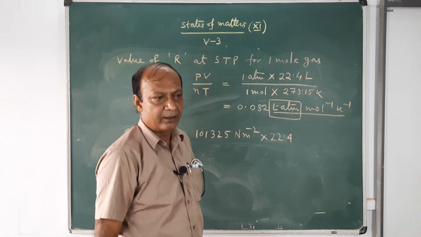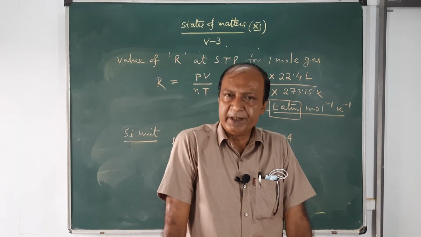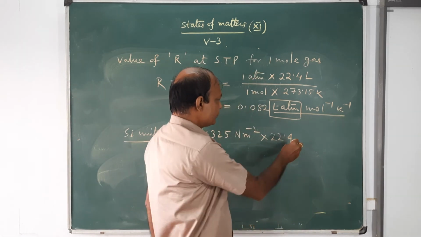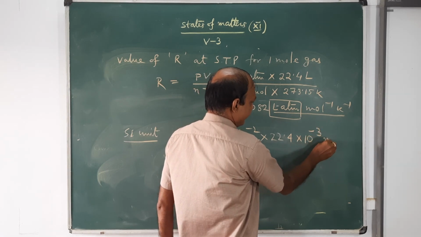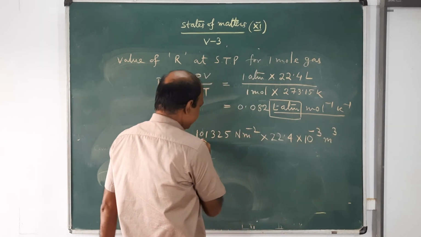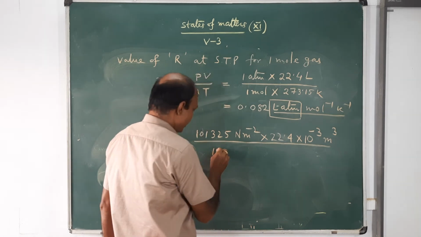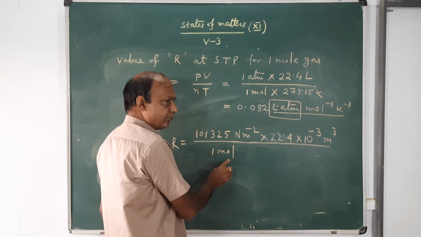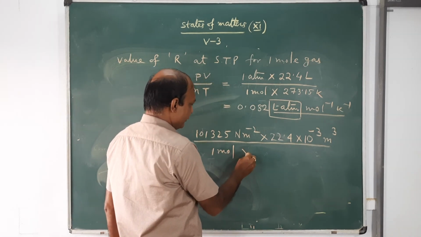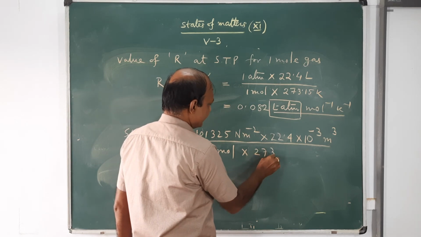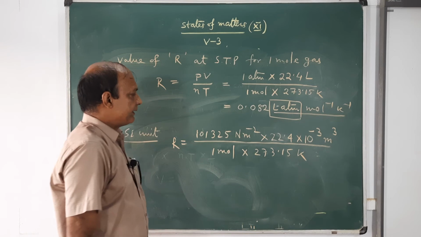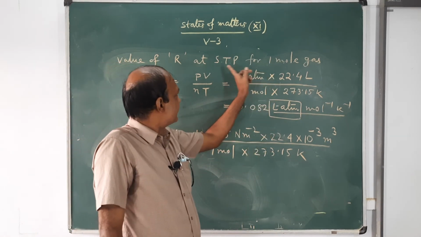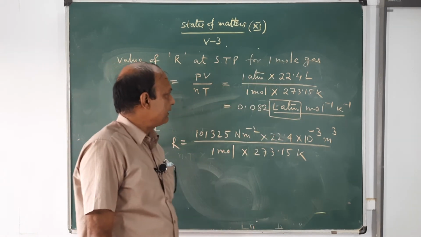Further you have to convert the unit of volume from liter to meter cube, so 22.4 into 10 to the power minus 3 meter cube, by n, 1 mole, into temperature 273.15 Kelvin, which is 0 degree centigrade in Kelvin scale.